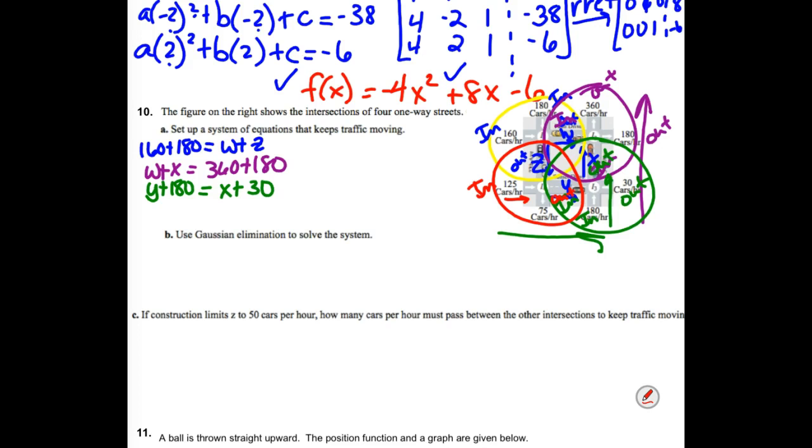For the other street, we're headed this direction, so going in is Z, and coming out is 75. Does that make sense? All right, so ins are 125 and Z, and outs are Y plus 75. Yes? Okay, that's your start.